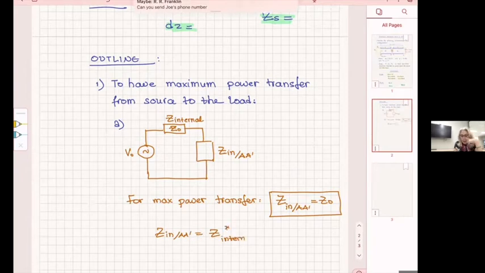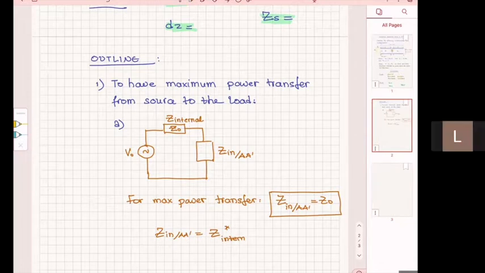And yes, it's true that obviously this is not an ideal situation, because in an ideal case, the internal impedance is going to be real, but under the given condition that Z internal is complex, that is the condition which is going to give you the maximum real power transfer.